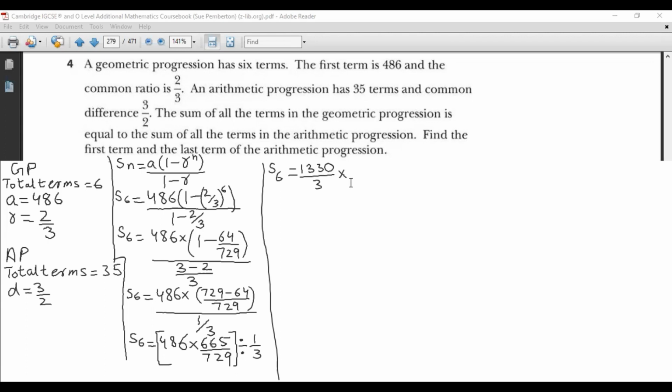So when I change divide sign into multiply, this will get reciprocal, and I will be having 3. So 3 and 3 will get cancelled. S6 is 1330 for geometric progression. This is the first working.